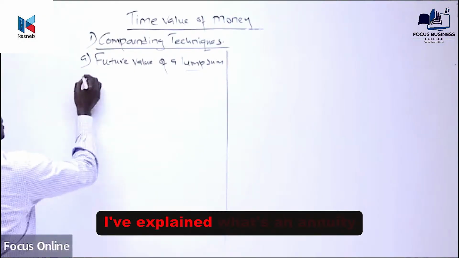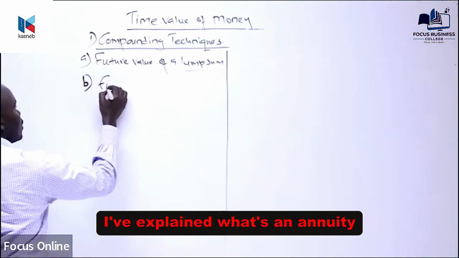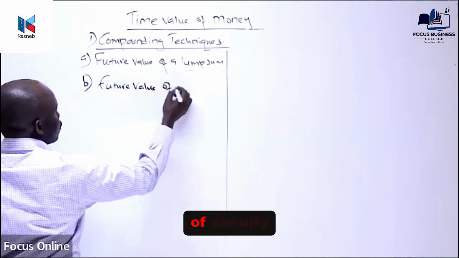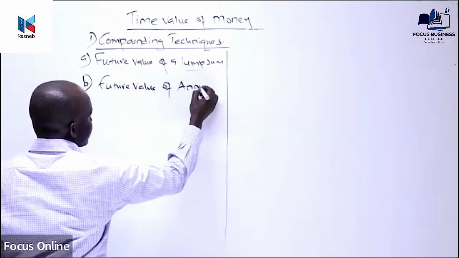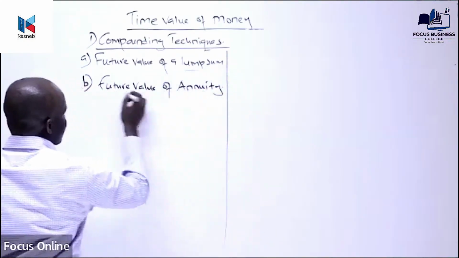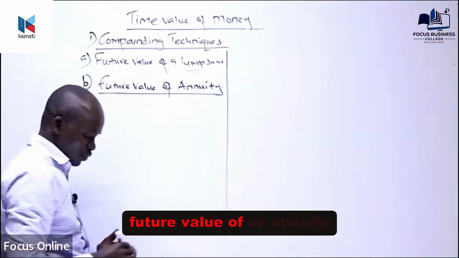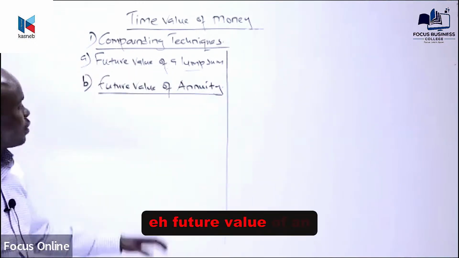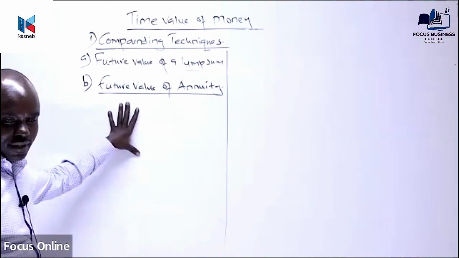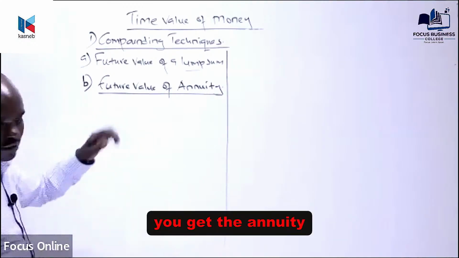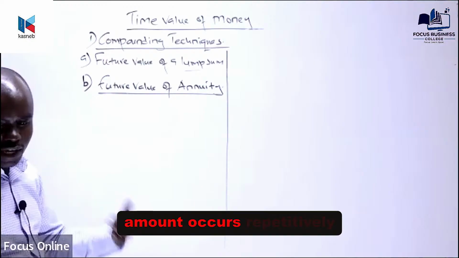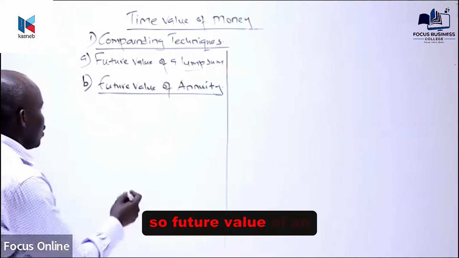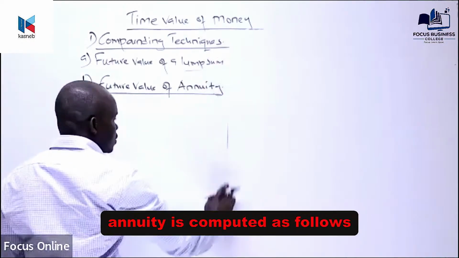I've explained what an annuity is. Now, a future value of an annuity, just like we've said, you get the annuity. It's an annuity when the amount occurs repetitively, but regularly. So future value of an annuity is computed as follows.